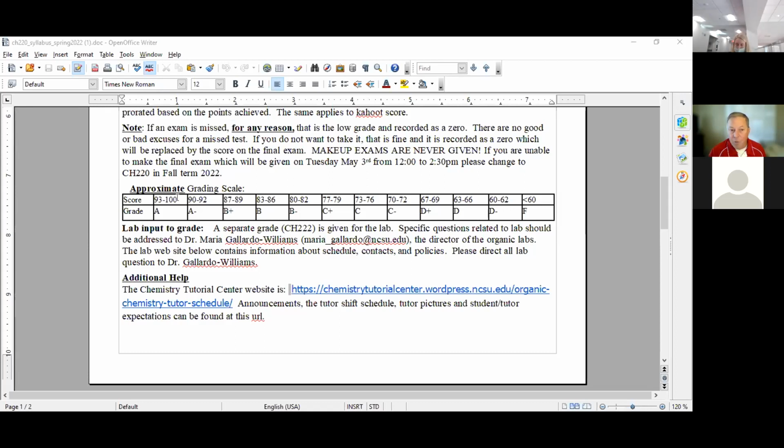If the average is lower than 70%, I give points back to the whole class. So if the exam score average was a 65, then I cough up 5 points to get up to the 70. So you see how you can get over 100%. And again, A minuses are typical. It's a very typical grading scale, and you'll see it here.